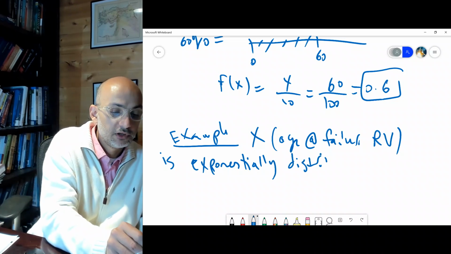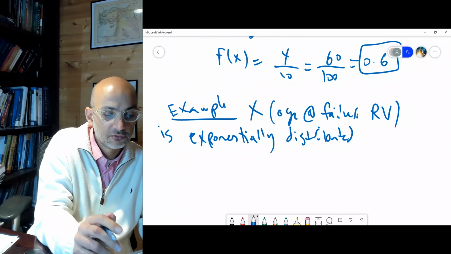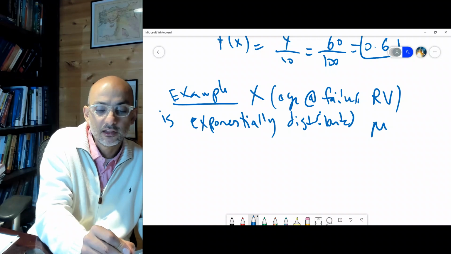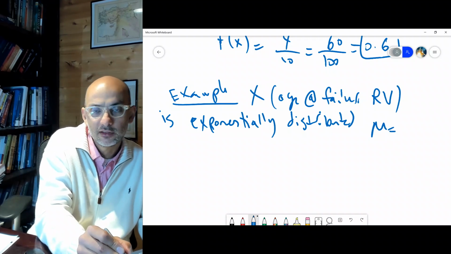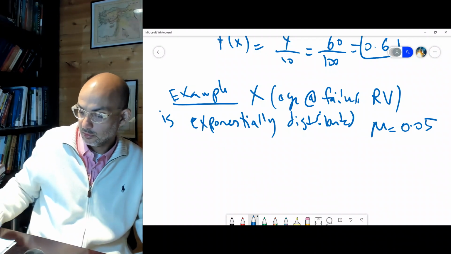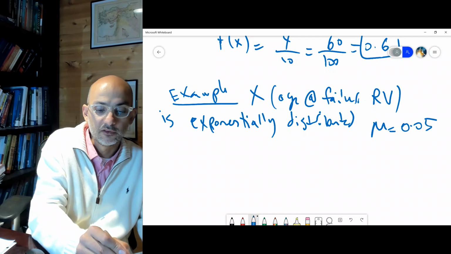For exponential distribution, it's not over a period, because an exponential distribution can go forever, but you need mu, the rate of death, right? The rate of mortality is constant, let's take 0.05. So for this life, the mortality rate mu is 0.05.